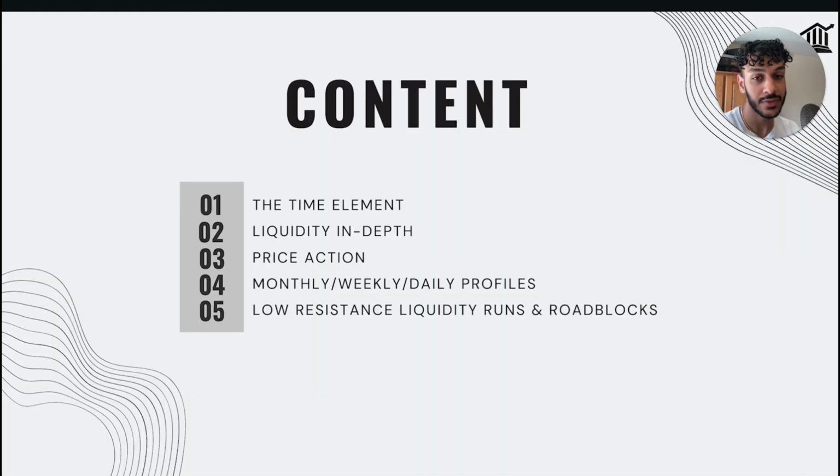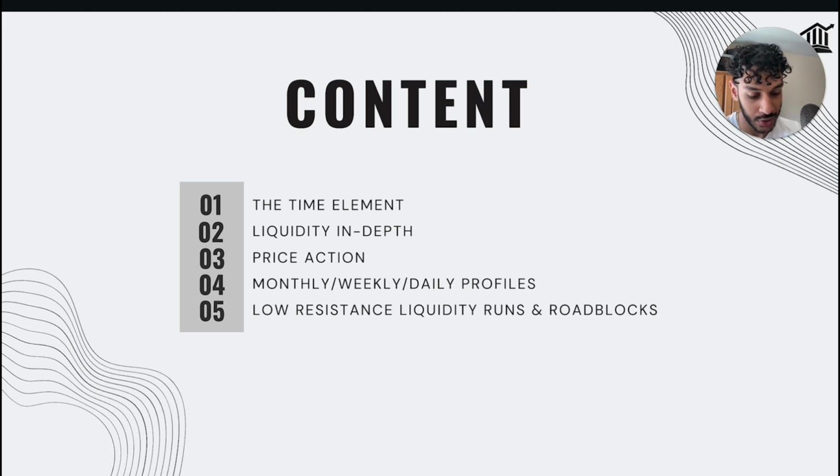So the titles of this video, I'd say, look fairly basic. But I've thought long and hard critically about a lot of these individual topics. So there'll be a lot of things here where you might understand, let's say, the time element. I'm assuming most people would understand kill zones, blah, blah, blah.